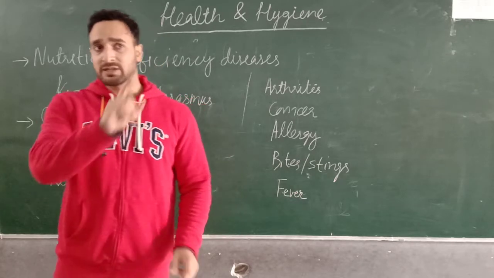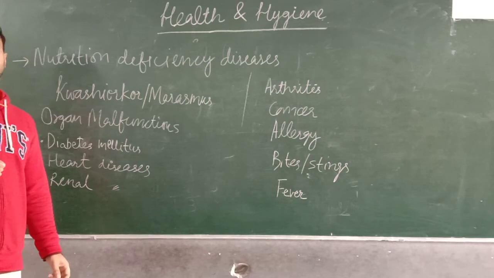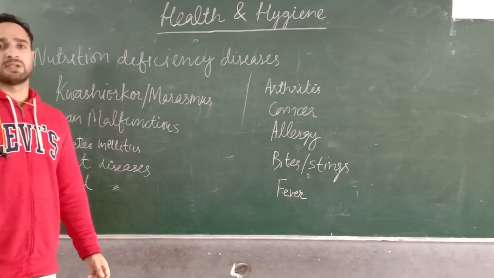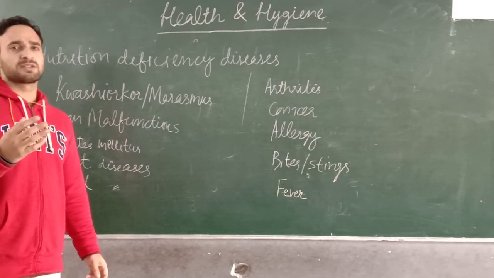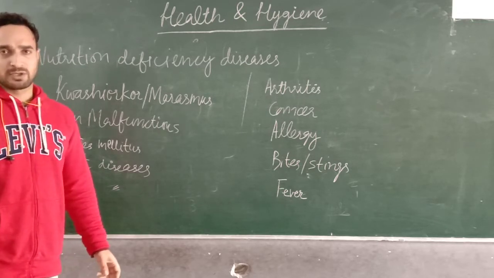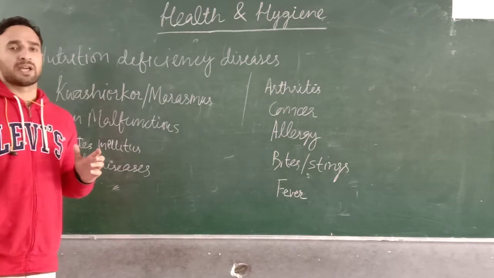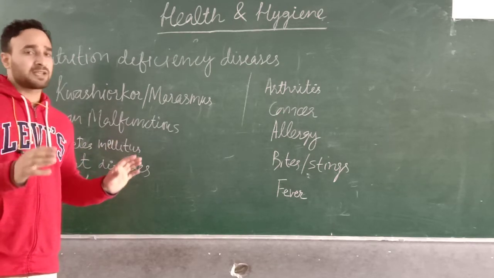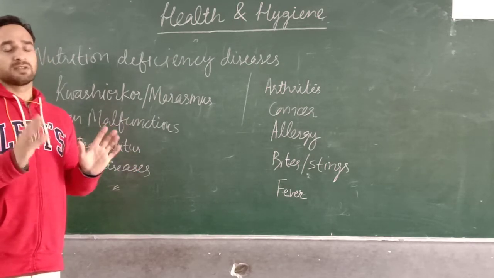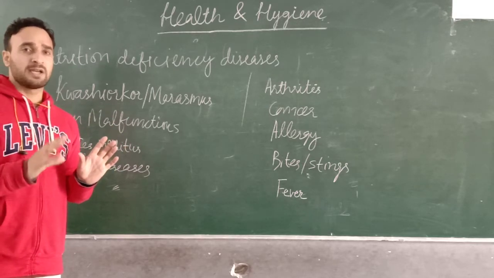But what happens with diabetes mellitus patients? These people do not produce the hormone insulin, or even if they produce it, it's produced in a very minimal amount. As a result, the extra glucose cannot be converted into glycogen, so this extra glucose stays in the blood.